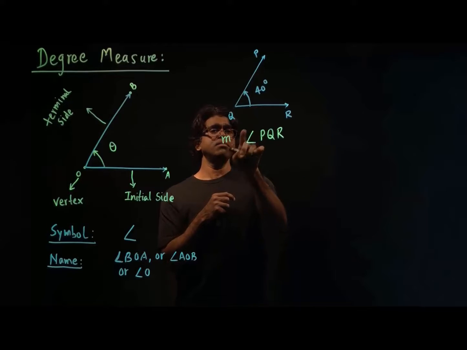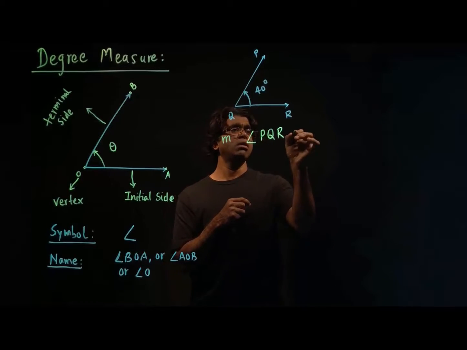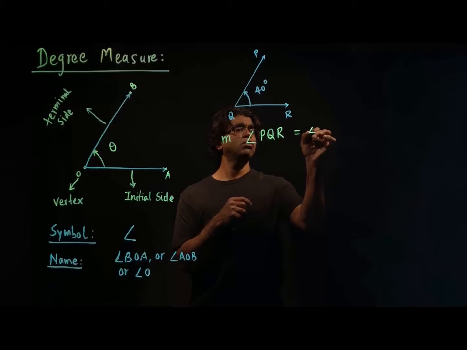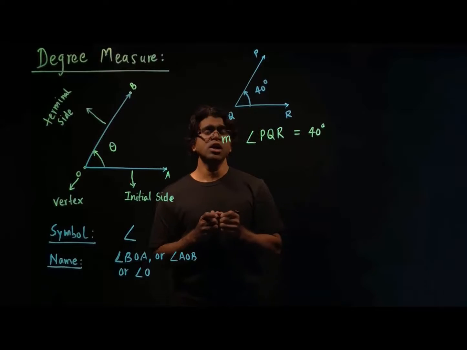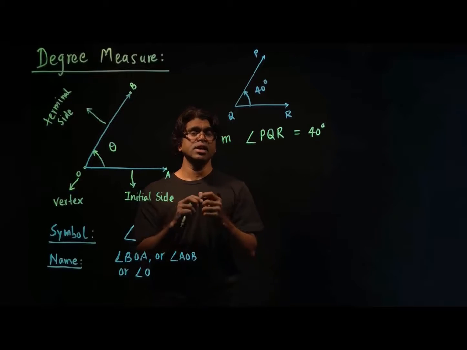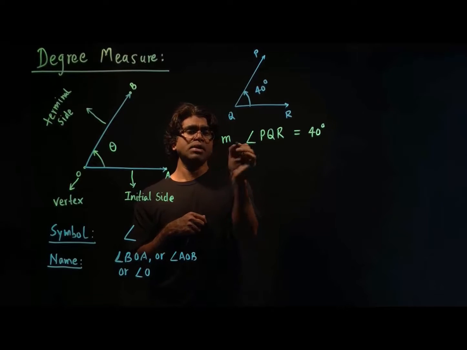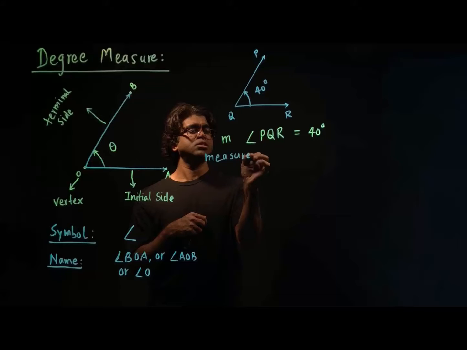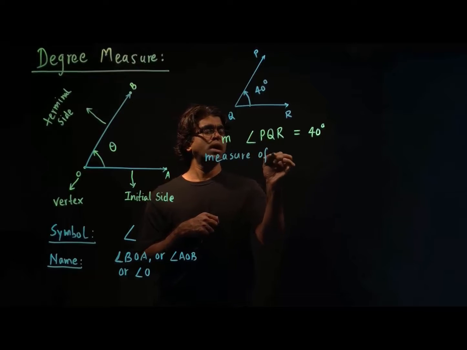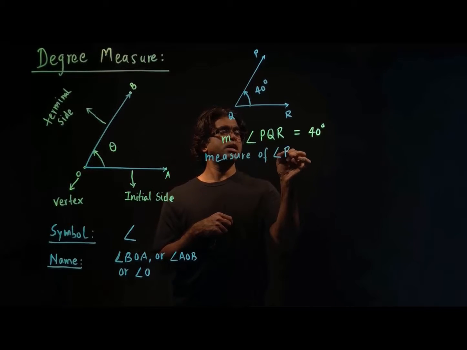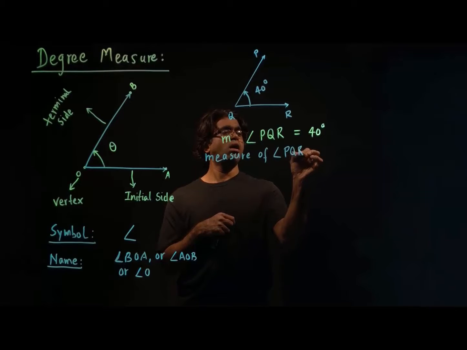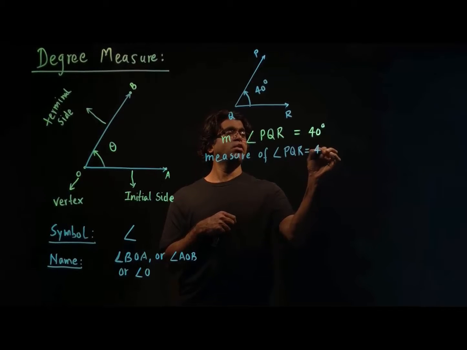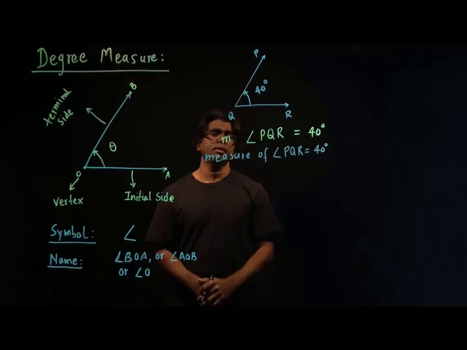So I'll write m angle PQR is equal to 40 degrees. All right? And how do I read this? I will read it like measure of angle PQR is 40 degrees. All right?